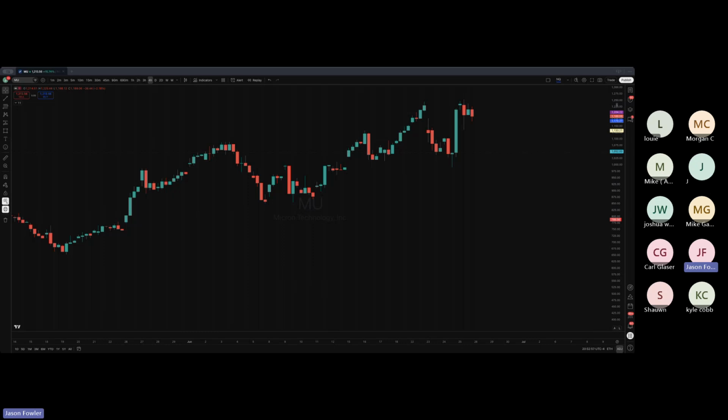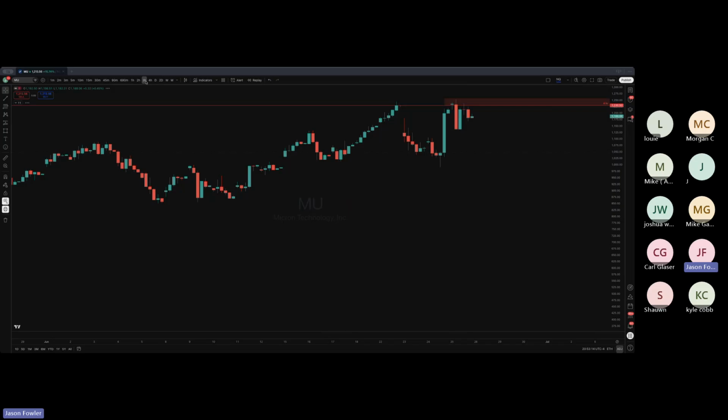Yeah, but you have some 4-hour supply here now forming on it. Okay, we could draw this zone here. 4-hour. And then you have some demand right here. You can probably find a cleaner demand zone here.